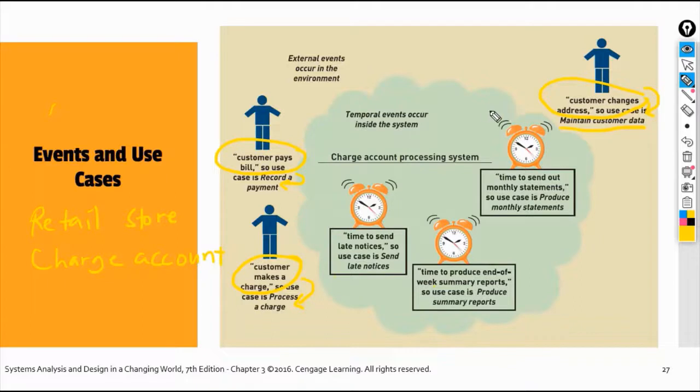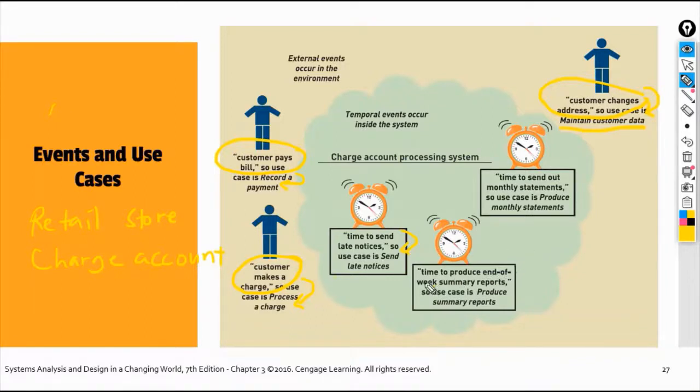3 other events are triggered inside the system by reaching a point in time. For example, time to send late notices, and the response in the system is to send late notices.